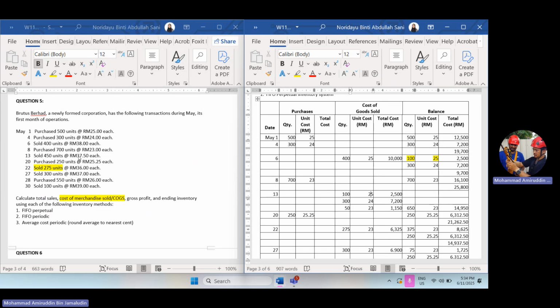Get it? Please, I need to highlight to you, be careful. This is the big, big bomb in your question. Many students use that selling price and put it in my stock. No, no, no. You see, this is your COGS. All costs, not talking about selling price. We don't want to measure the profit yet.